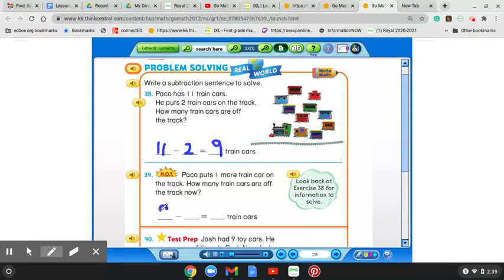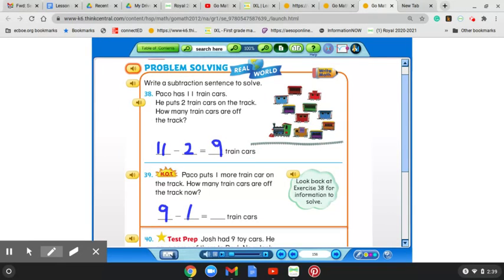So we will start with 9. How many did he put on the track in this problem? Good. He put 1. So we want to subtract 9 minus 1. Okay? See if you can use your number line.